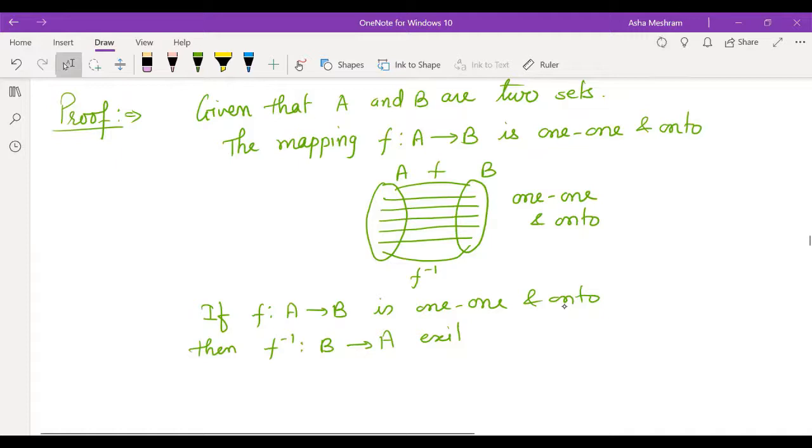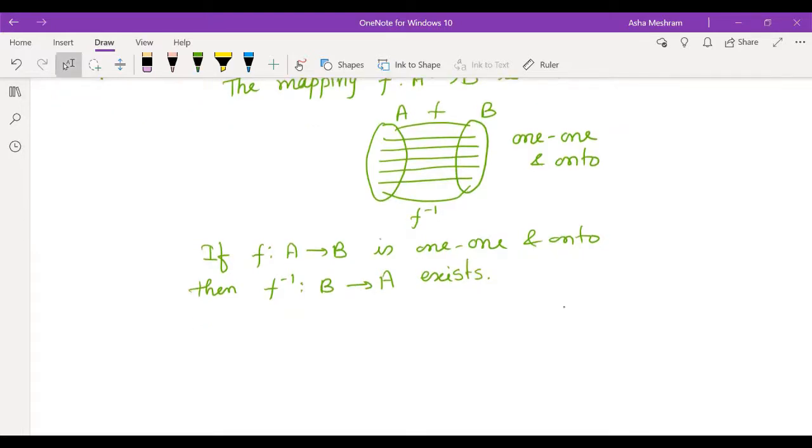It is very important to check whether the inverse exists or not, because until and unless the mapping is 1 1 and onto, its inverse doesn't exist. So F inverse exists.